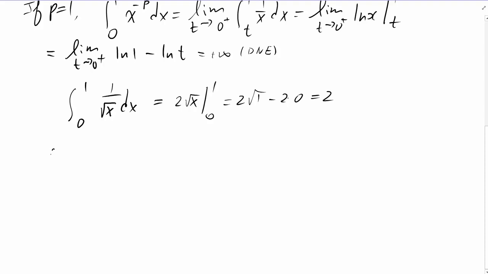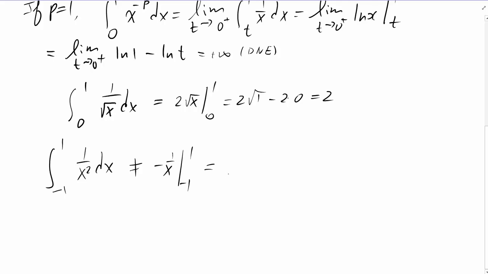For example, if we integrate from -1 to 1 of 1 over x squared dx, this is actually a divergent improper integral, and this is not going to equal -1 over x, plugging in 1 and -1. This is not going to be true.